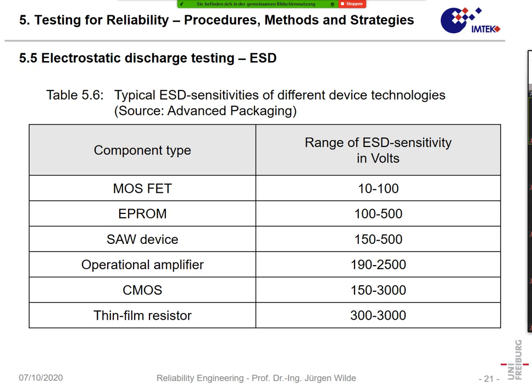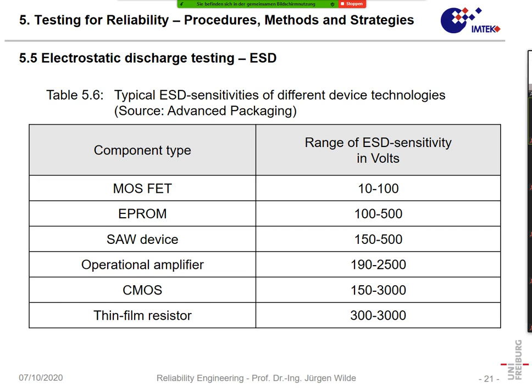For the rest of the day, we will just look at a few other aspects. One thing which is important is electrostatic discharge. ESD is a phenomenon which kills a device or which does a severe damage to an electronic device.